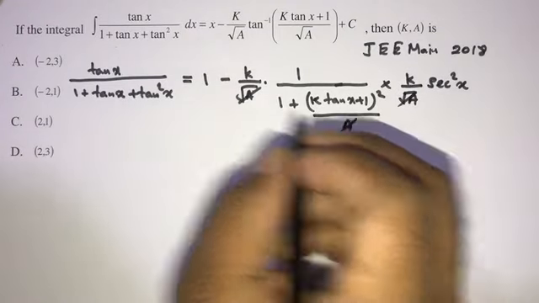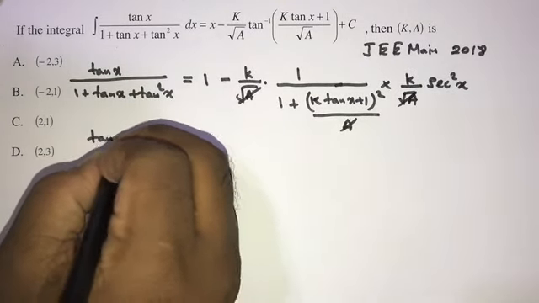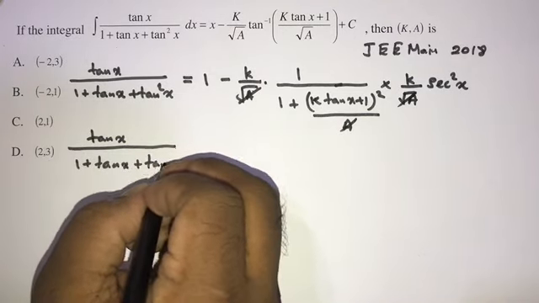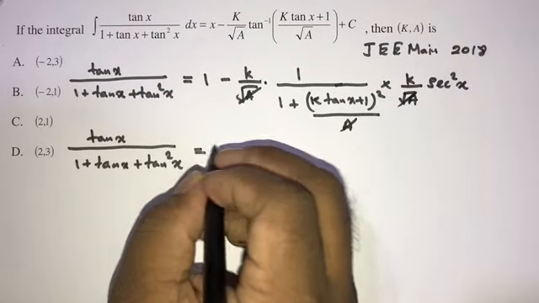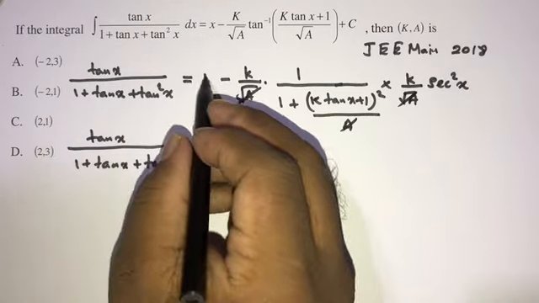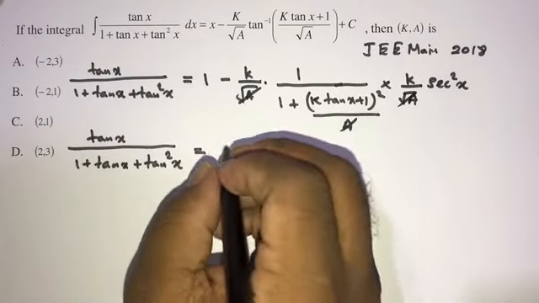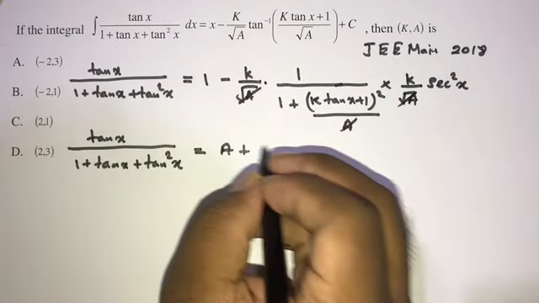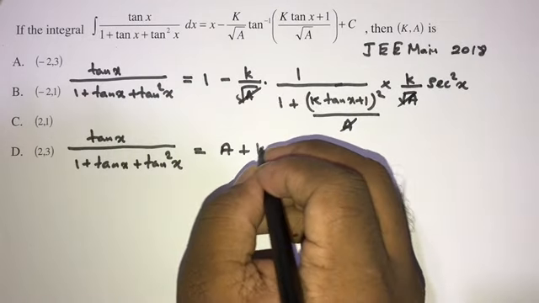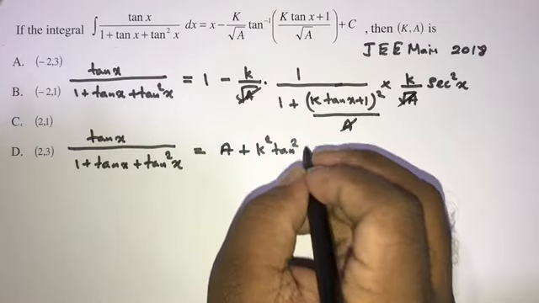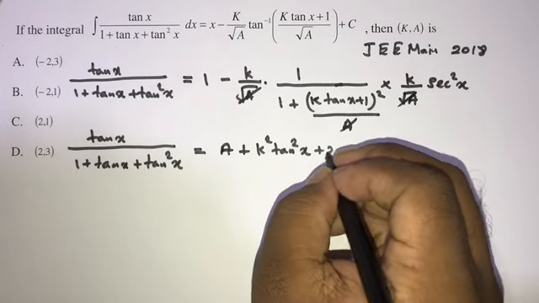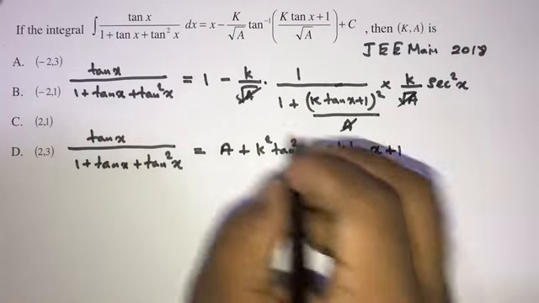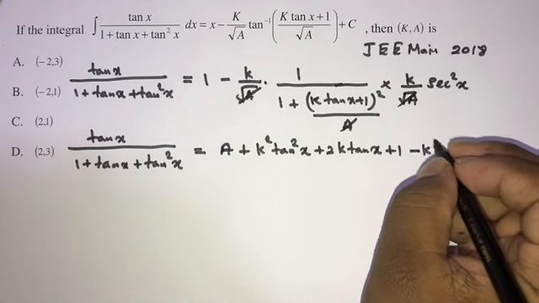Okay, now the square root of a times the square root of a and this a get cancelled, and now we have tan of x over 1 plus tan of x plus tan square of x is equal to, now here 1 times this function, so 1 times a, so a plus here the square, so we can write k square tan square of x plus 2 times k times tan of x plus 1, and here we have minus k square.